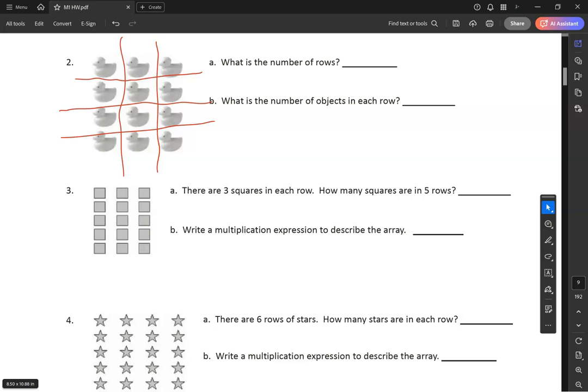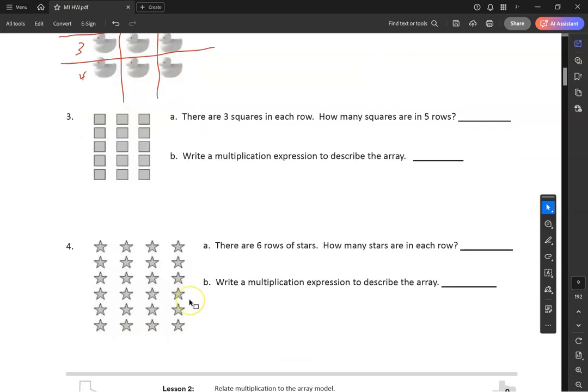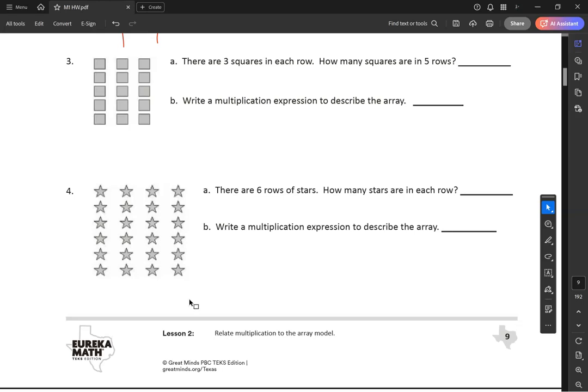Number of rows, that's one row, two rows, three rows, four rows. What is the number of objects in each row? I have one, two, three. Three.